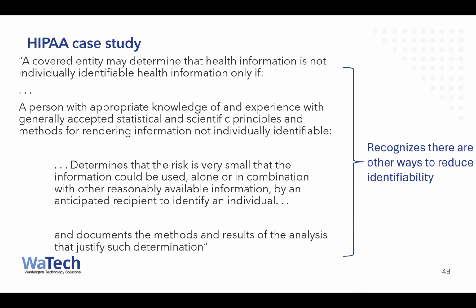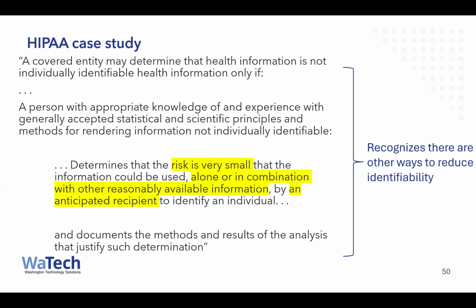The method I just went through is called the HIPAA safe harbor de-identification method. There's also something called the HIPAA expert determination de-identification standard. This basically recognizes that removing or doing field suppression is not the only way to do de-identification, that there are other things you can do.